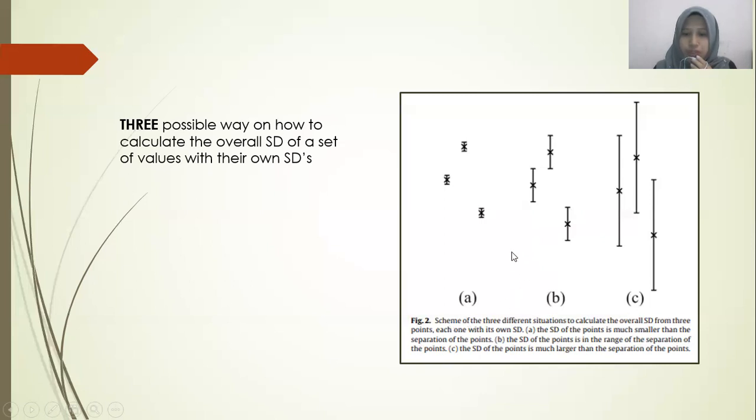Both components, the dispersion that we use in A and the individual standard deviation that we use in C, can contribute to the overall standard deviation in B. So from this scheme, we understand that the situation depends on the dispersion of the points or its own standard deviation.